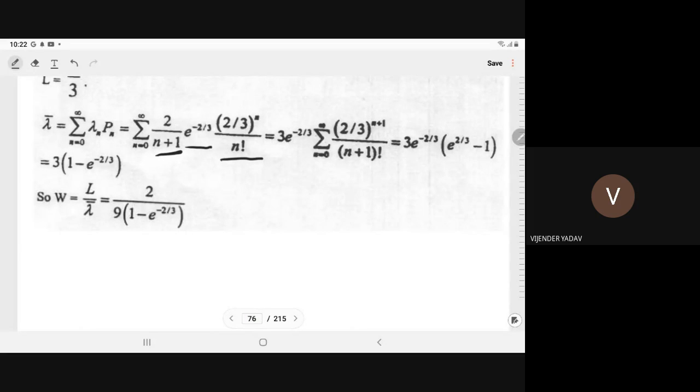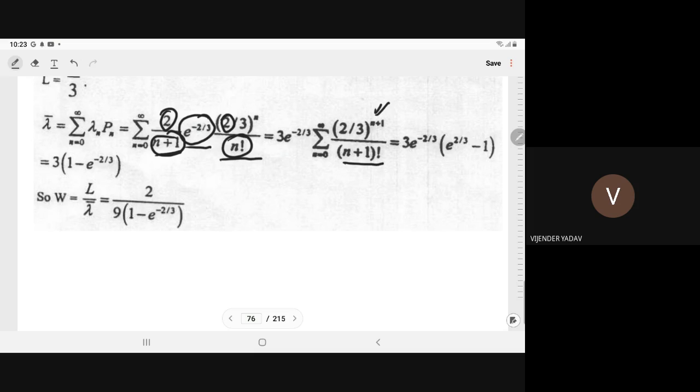If you multiply and divide by 3, the numerator 2 and this 2 form 2 to power n plus 1 upon 3 to power n plus 1, and n plus 1 into factorial n gives the factorial of n plus 1. And this e to power minus 2 by 3 is the constant.